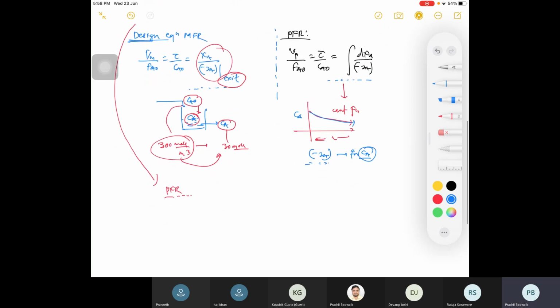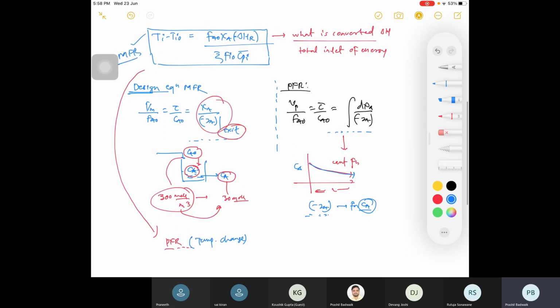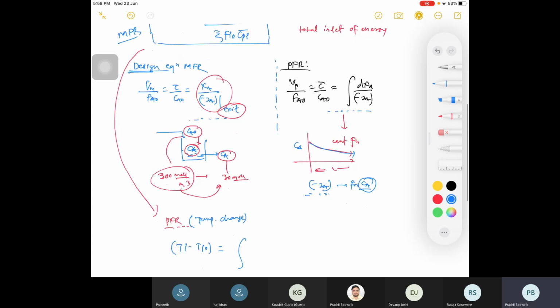So in case of PFR, when you are balancing for temperature change, you will get an equation of this type. What type will it be? I am just guessing, it is not the exact equation. So we'll be having Ti minus Ti naught, this is your initial temperature Ti naught, is equal to the integration, same. What is your Fa naught?